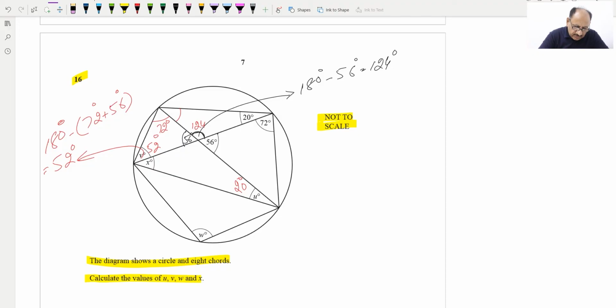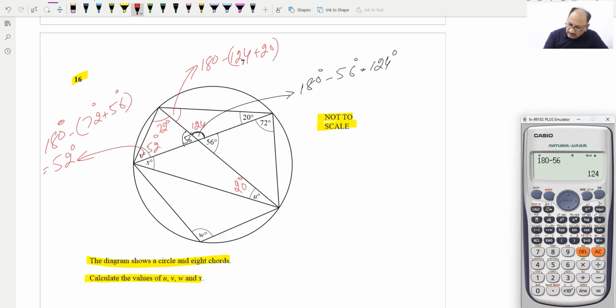So we can find the third angle, which I'm writing here as 180 minus (124 plus 20), which is equal to 36.